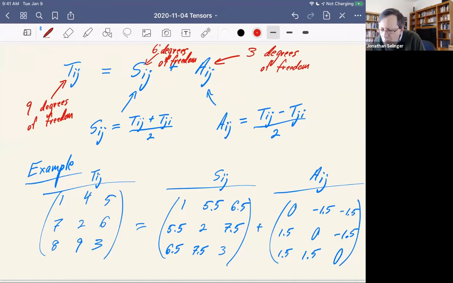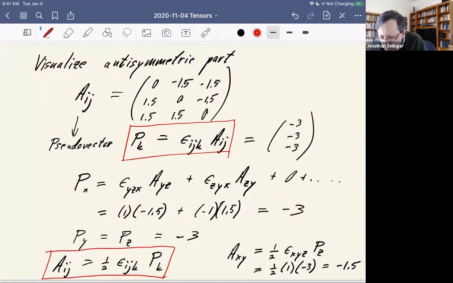When we are making the correspondence between the antisymmetric matrix and a pseudovector, it's a pseudovector in 3-dimensional space, so it also has 3 degrees of freedom. We're taking one thing with 3 degrees of freedom and transforming it into a different thing with 3 degrees of freedom. So that's good. That keeps everything balanced. And then we're visualizing the pseudovector with the 3 degrees of freedom. Okay, excellent.